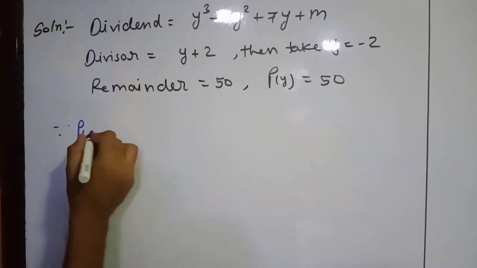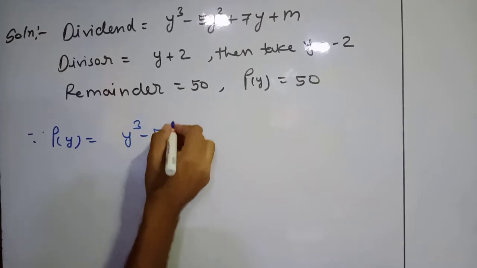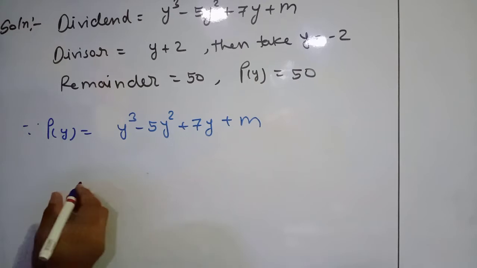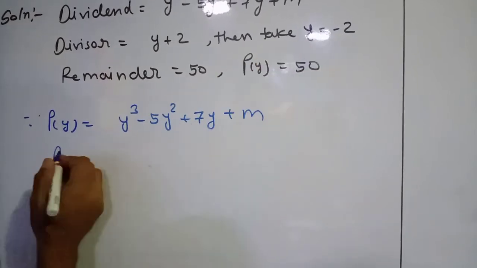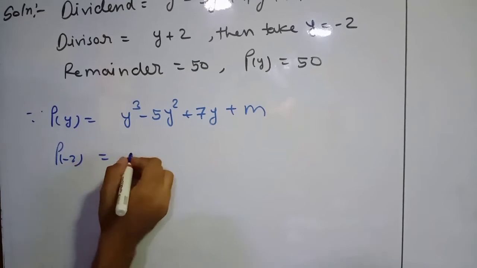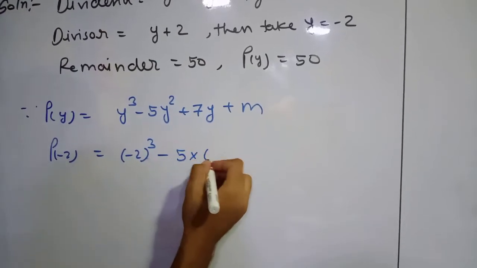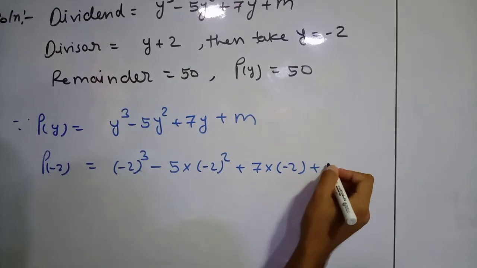Because p(y) is equal to y cube minus 5y square plus 7y plus m, take p(-2) is equal to cube of minus 2, minus 5 into square of minus 2, plus 7 into minus 2, plus m.